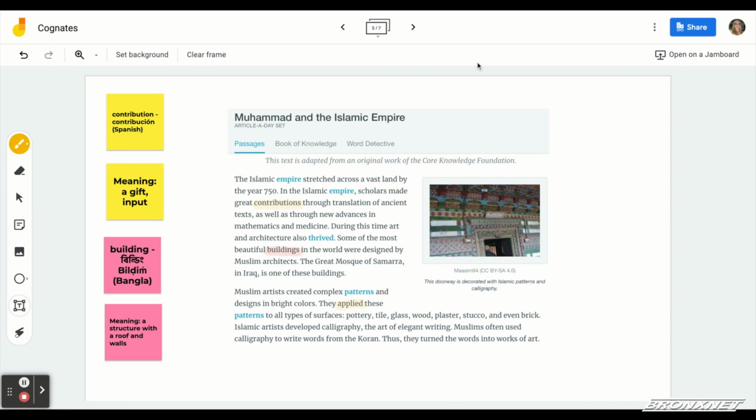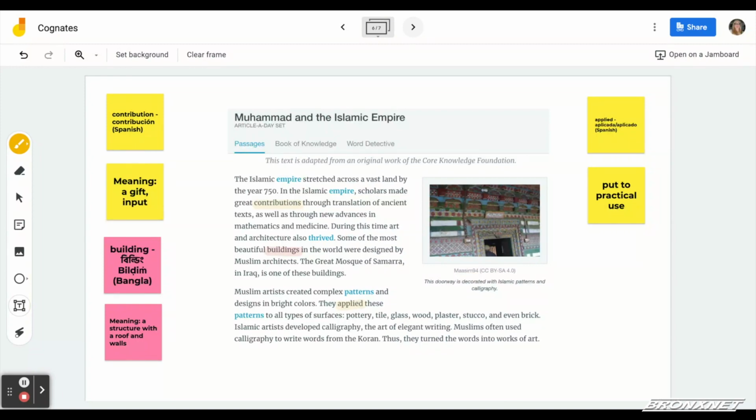And I know a Spanish cognate that sounds like aplicado for feminine or aplicado for masculine, and it means put to practical use. Let's see if it has sense. They put into practical use these patterns to all types of surfaces. Beautiful. Now I see that these cognates help me identify a lot of different words.